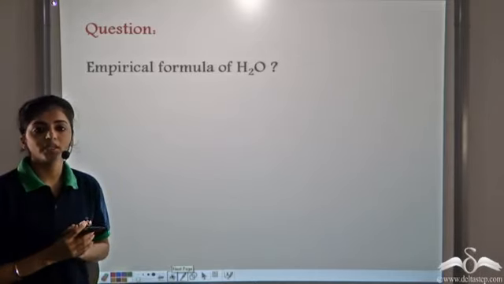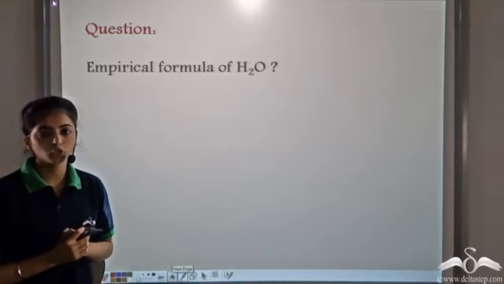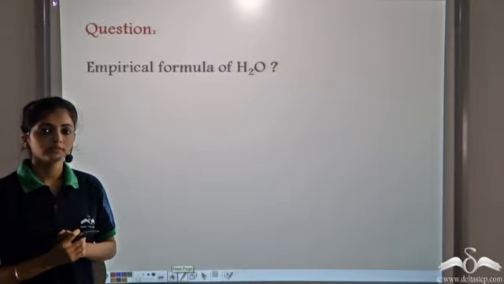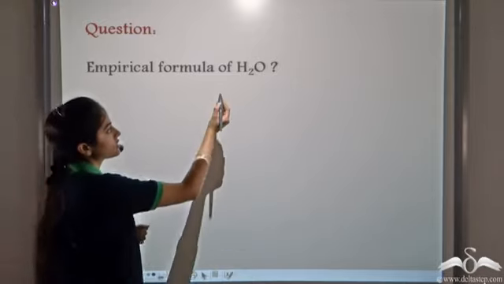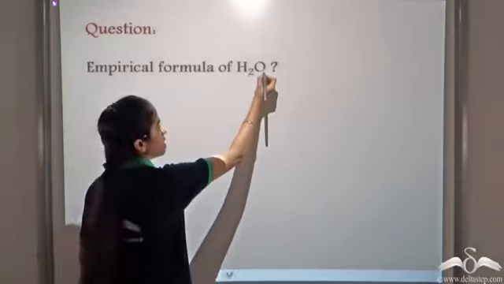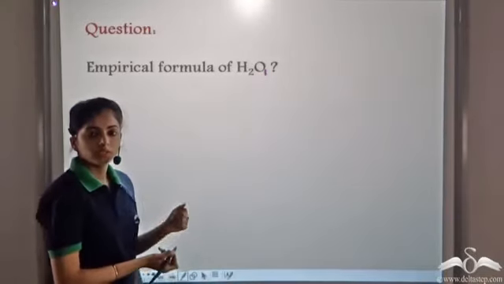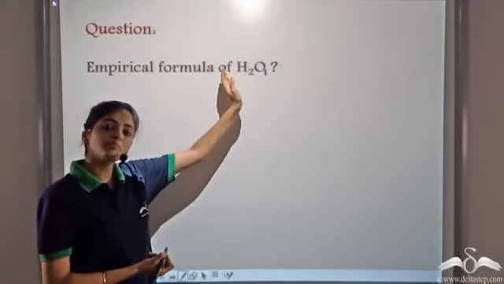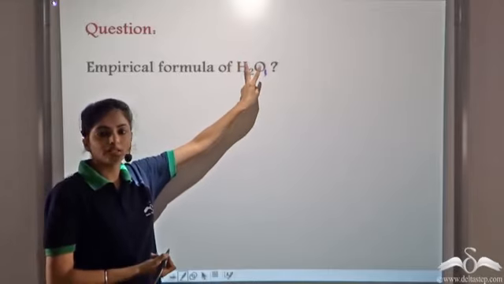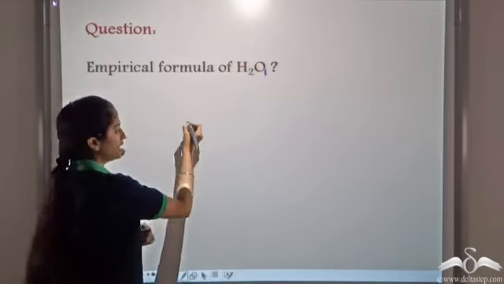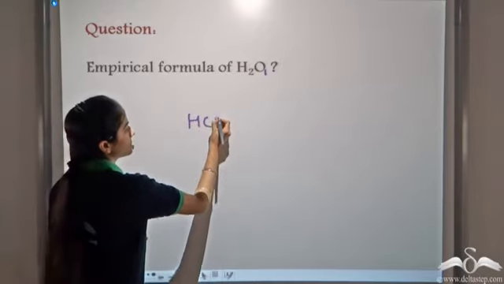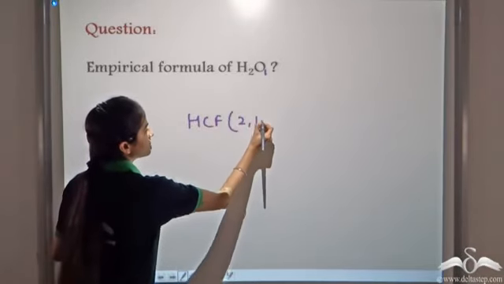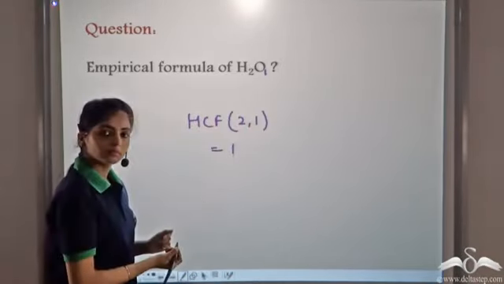What do you think is the empirical formula of water? That is H2O. Again, you see that there are 2 hydrogen atoms and 1 oxygen atom. We have to find the simplest ratio in which the 2 atoms are present. If we take the HCF of 2 and 1, we get 1.